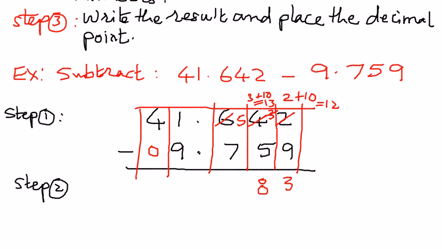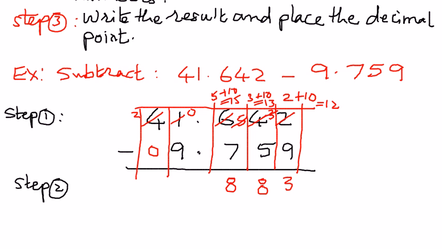And then now 5 is less than 7, so we're going to borrow from the next place value. So this becomes 0, and this becomes 5 plus 10, that is going to be equal to 15. Now 15 is larger than 7, so 15 minus 7 is 8. So 0 is less than 9, so we're going to borrow from the next place.